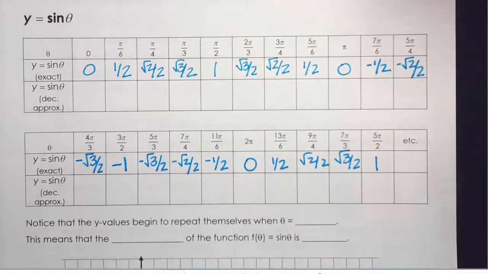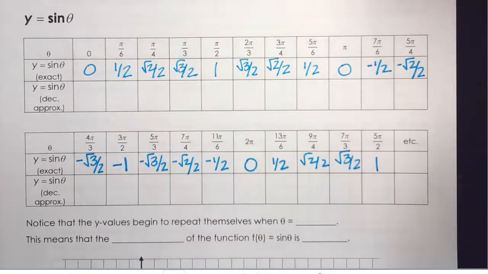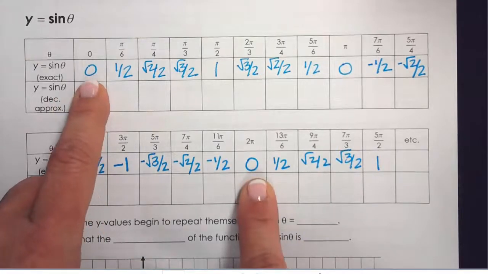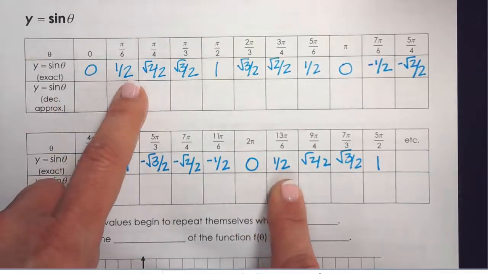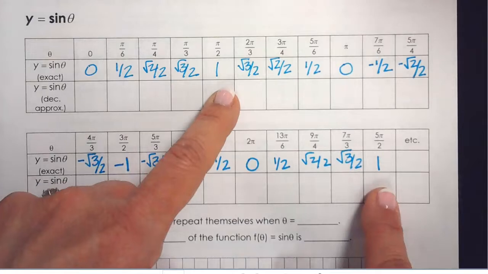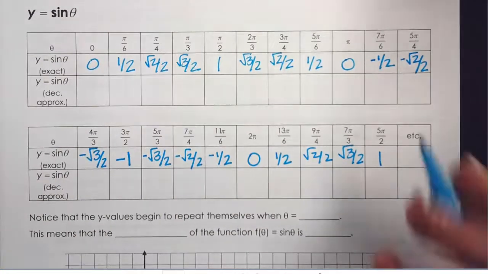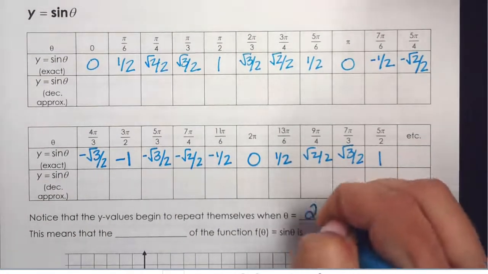Do you guys notice, and I know that we had a lot of the same values, but do you see that once we get to 2 pi, the values start repeating themselves exactly again? So note that the y values begin to repeat themselves when theta equals 2 pi.